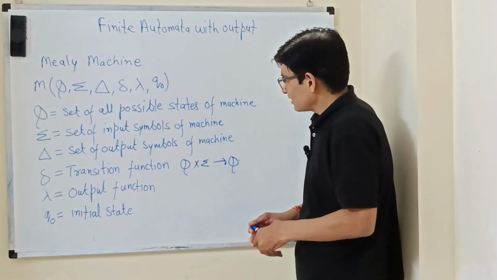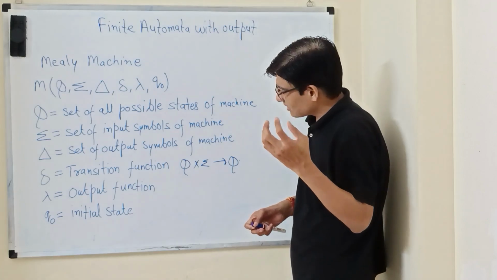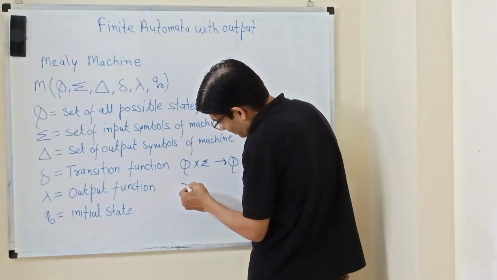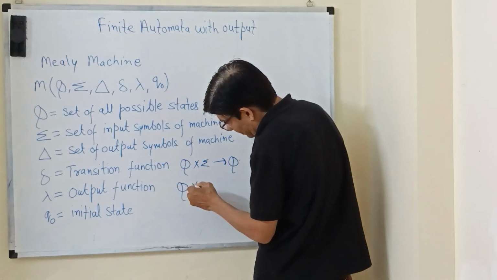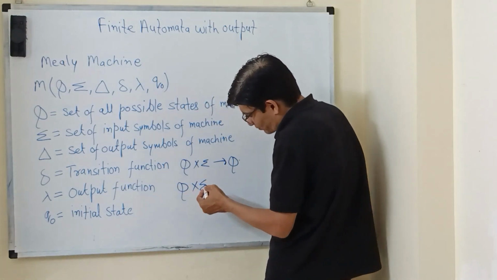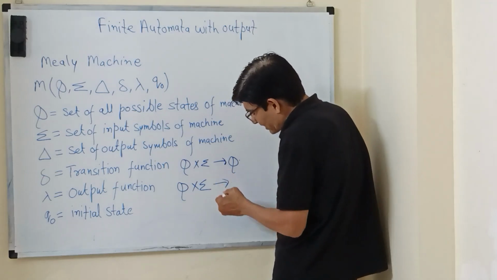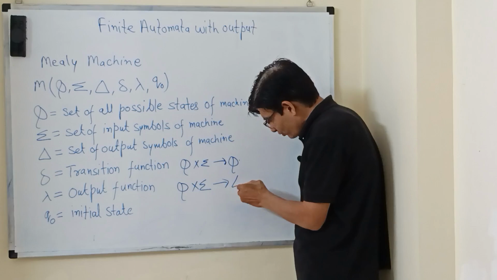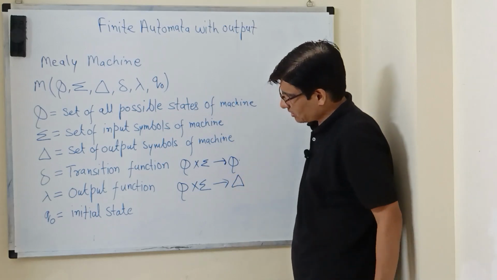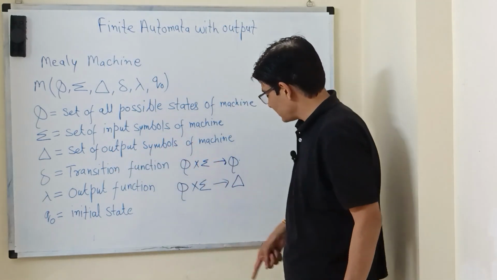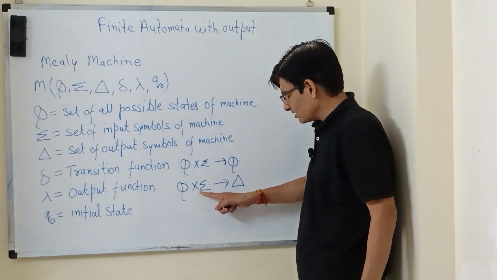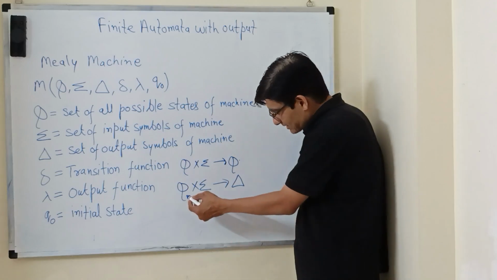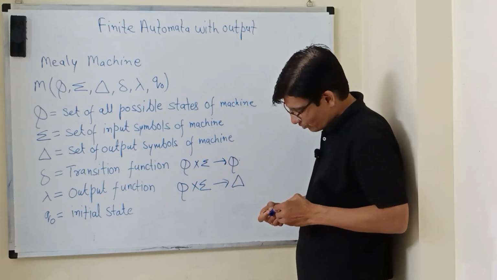And obviously, since it is with the transition, we see it with the help of the current state and current input symbol, and based on that it will generate some output, and that would come from the set of output symbols of the machine. So that is the output function of Mealy machine. This is the only difference between Mealy and Moore machine.